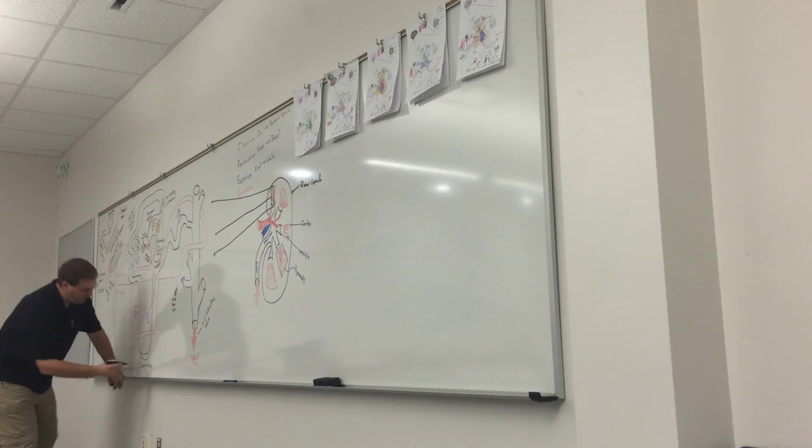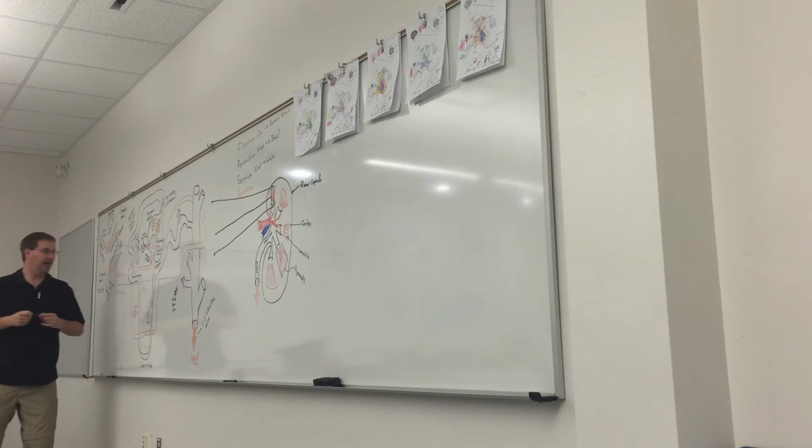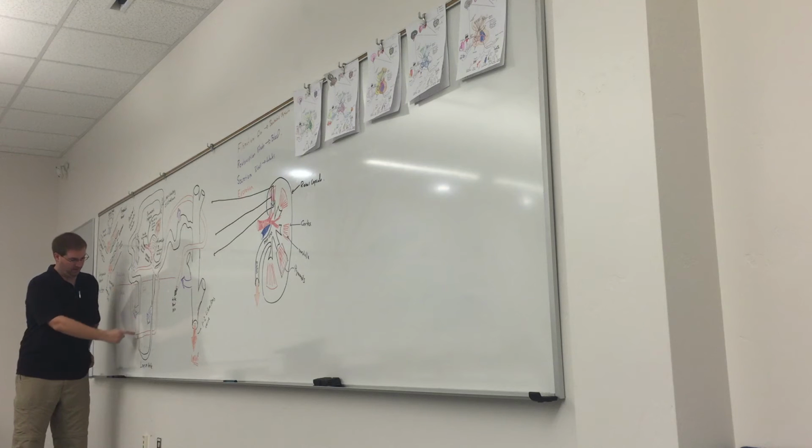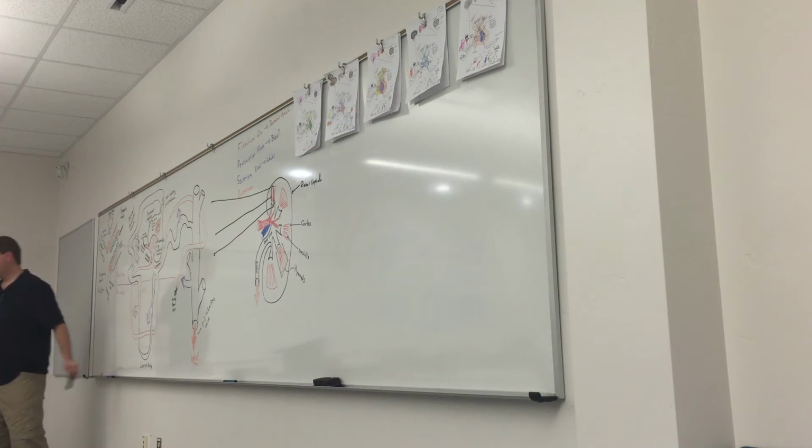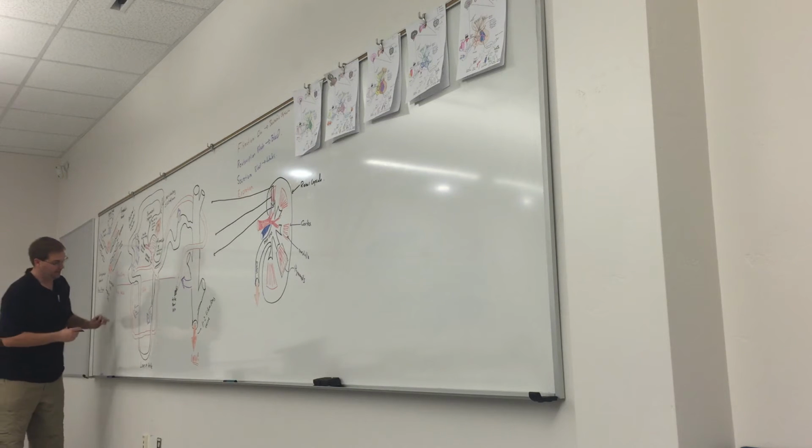Now the loop of Henle is divided into two branches, if you will. What's the first part of the loop of Henle here? This is the descending what? Limb. The descending limb.